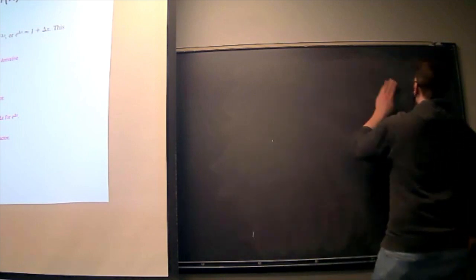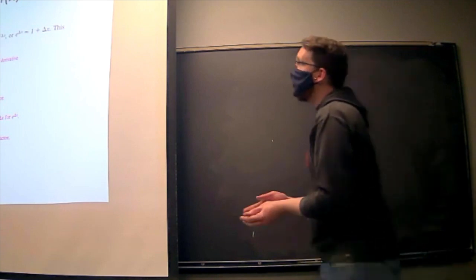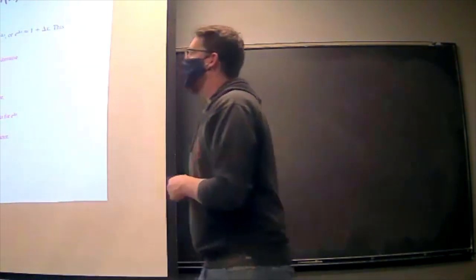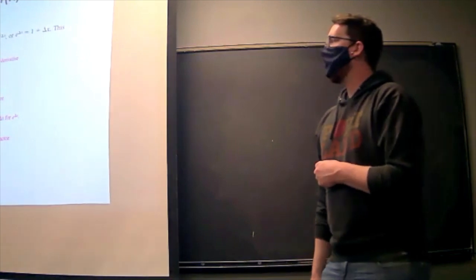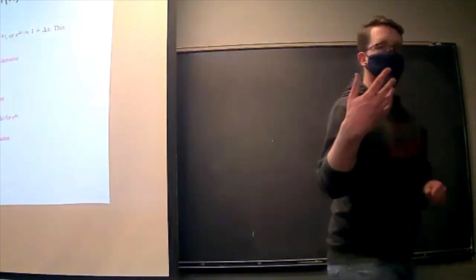So using this sort of logic, we're going to replace this e to the delta x with 1 plus delta x. And when we do, we're going to get that these 1's cancel out. We're left with e to the x times delta x, all divided by delta x, with the limit imposed.